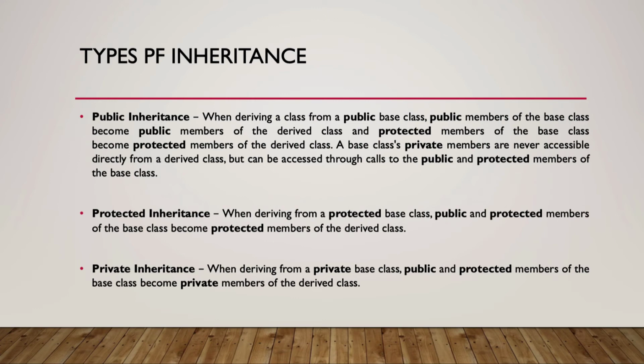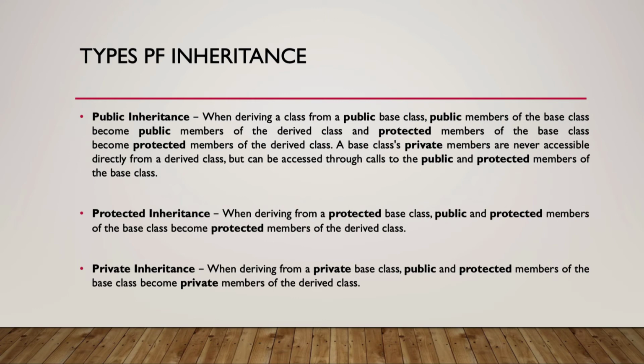In public inheritance, when deriving a class from a public base class, public members of the base class become public members of the derived class.